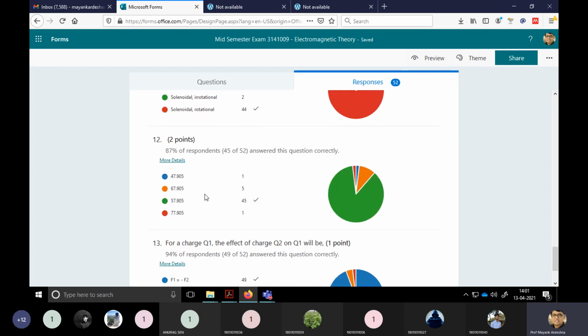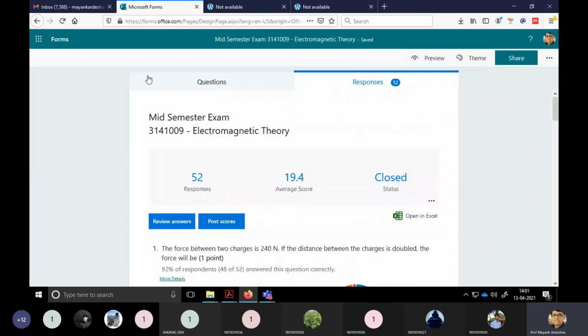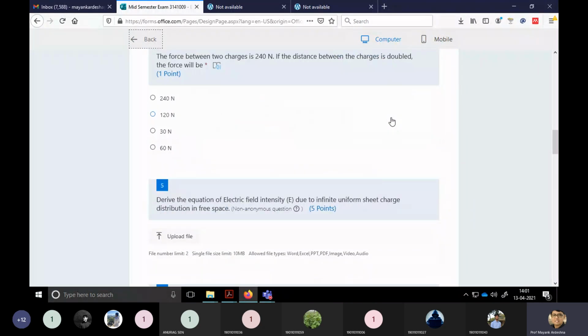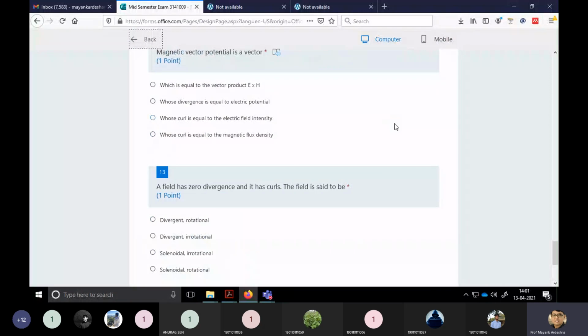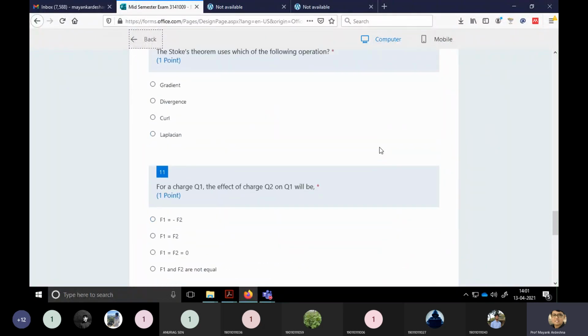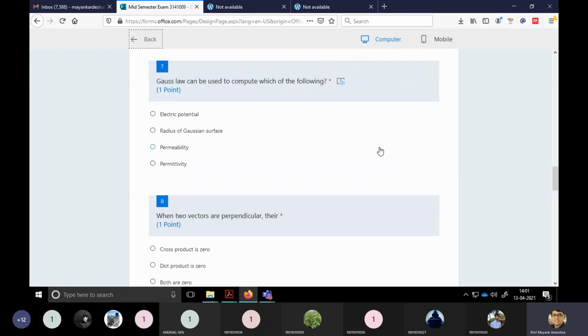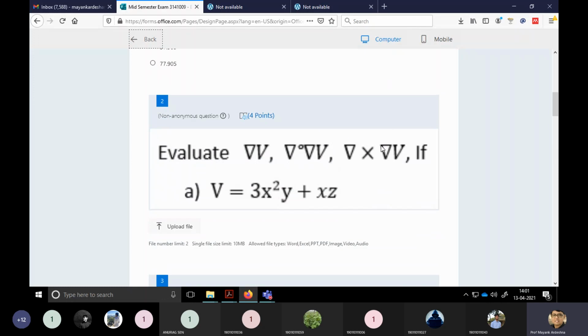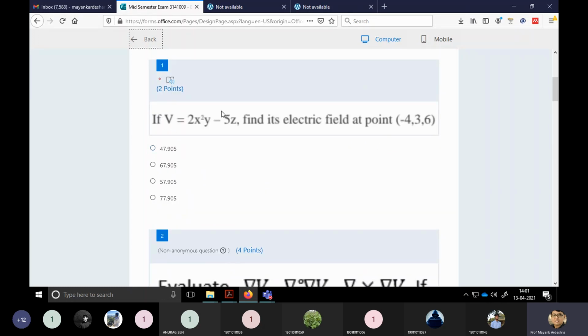Let me see question 12. Yes, this one. The potential is given to you: V is equal to x square y minus pi z.